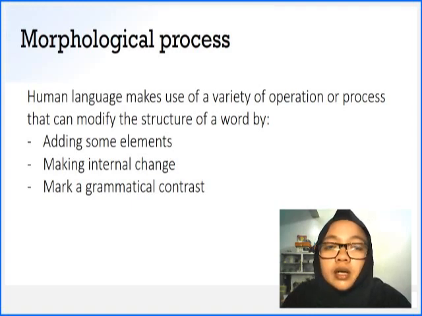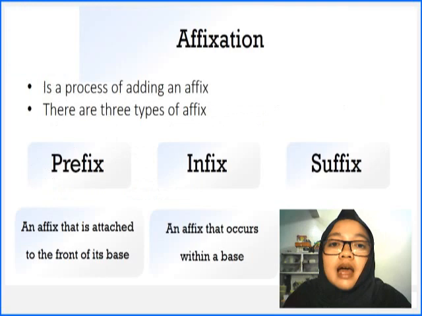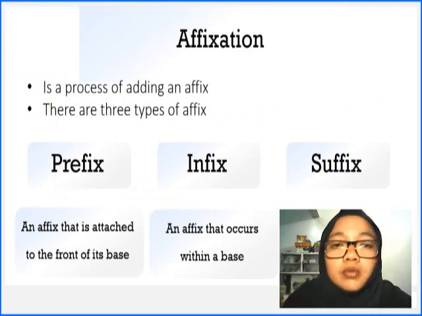When you learned about word structure previously, you must have understood about the affix, right? Adding an affix to the elements of a word, or adding the element of affix to the root, is called affixation. So what is affixation?